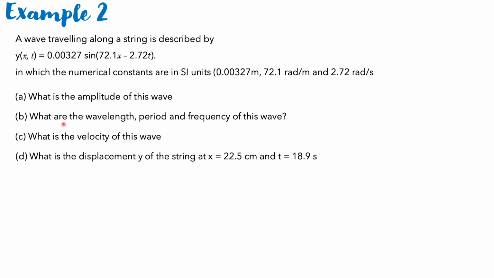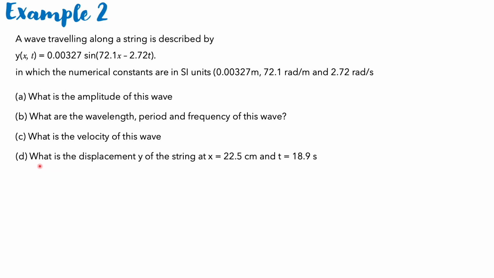This one has 4 parts. First, you have to find out the amplitude of this wave. It's very simple. Clearly 0.00327 meters is the amplitude. Then the wavelength, period and frequency of this wave are found exactly the same way as we did in the previous example, and velocity also as we did in the previous example.